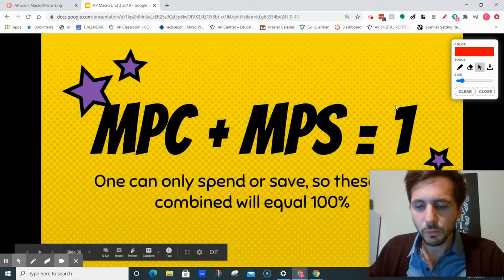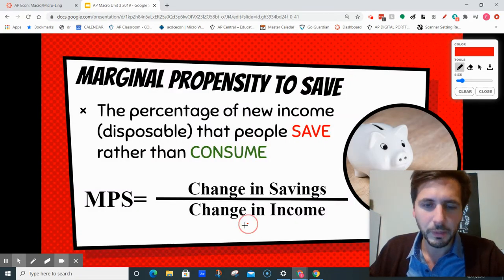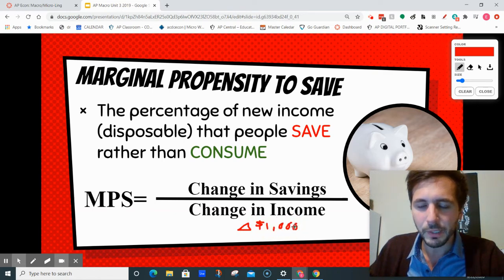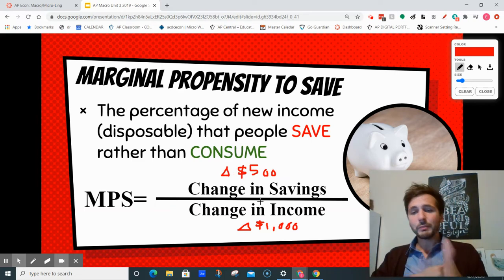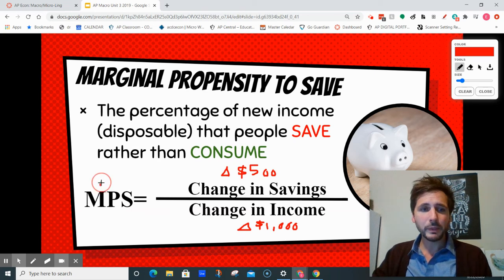Let's say that your income goes up by $1,000. Congratulations, you made $1,000, and you decide that you're going to save 500 of those dollars. So that's your change in saving. So if I'm going to save 500 of my $1,000, my marginal propensity to save is going to be 500 divided by 1,000, or 0.5.